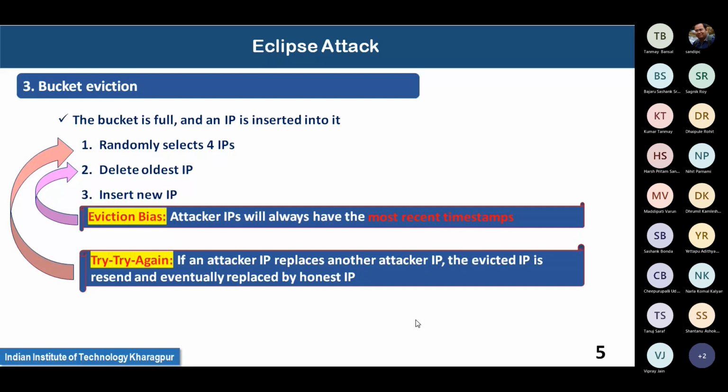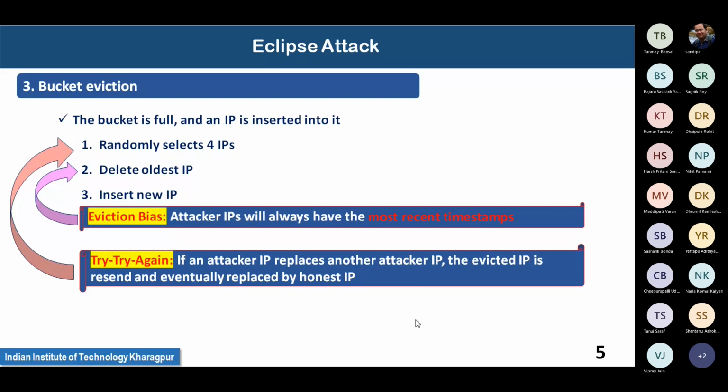And what it also does is replace one IP with another. Remember, the attacker has to use a lot of IP addresses, and of course it has to get those IP addresses. There are different ways it can get a block of IP addresses from the ISP and use them one after the other.